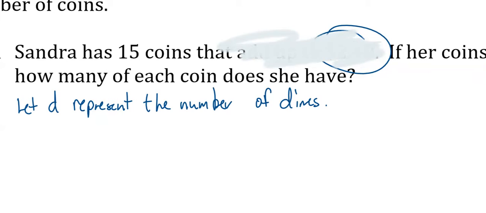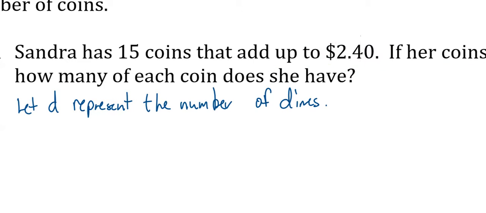How many quarters do I have? 11. Why? 15 coins in total, and 4 plus 11. How'd you get 11? Just kind of thought about it? How else could you do it? What's the mathematical operation that's involved there? Say again? Subtraction. 15 minus 4. If I have 15 total, 4 of them are dimes, the rest are quarters. Subtract 4 from 15, and we've got the number of quarters.